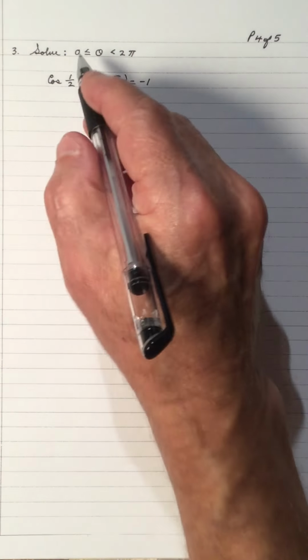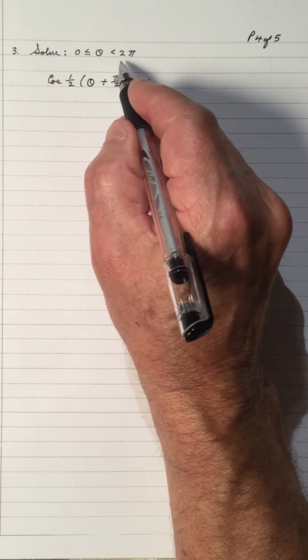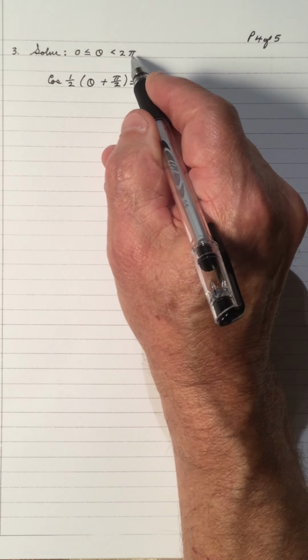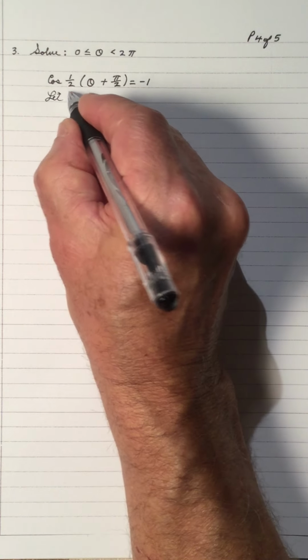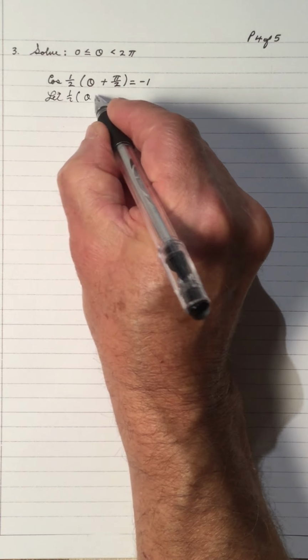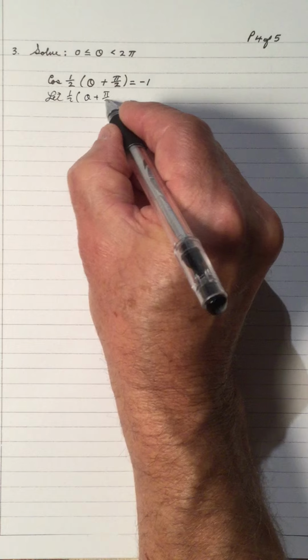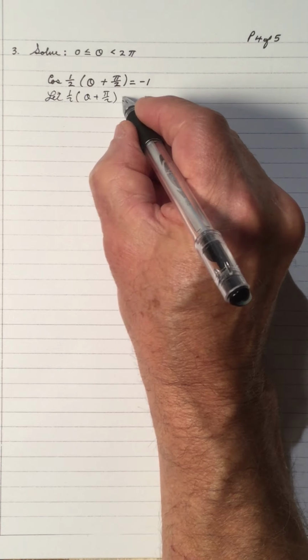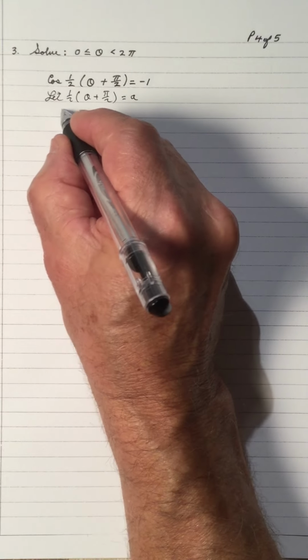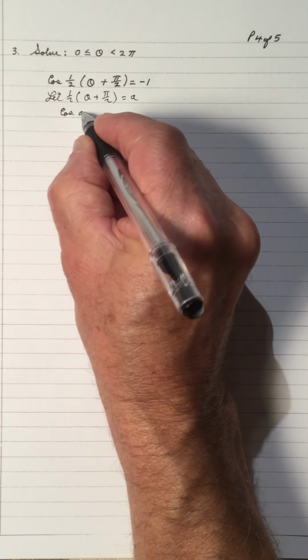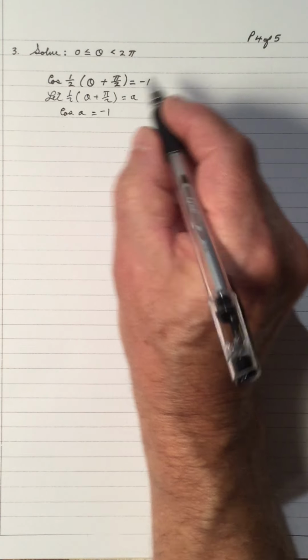And let's try another one that's a little bit different. This time we're solving for 0 less than or equal to theta less than 2 pi, so that means we're in terms of radians. So this time we'll let a half theta plus pi over 2 equal A. So we have the cos of A is -1.